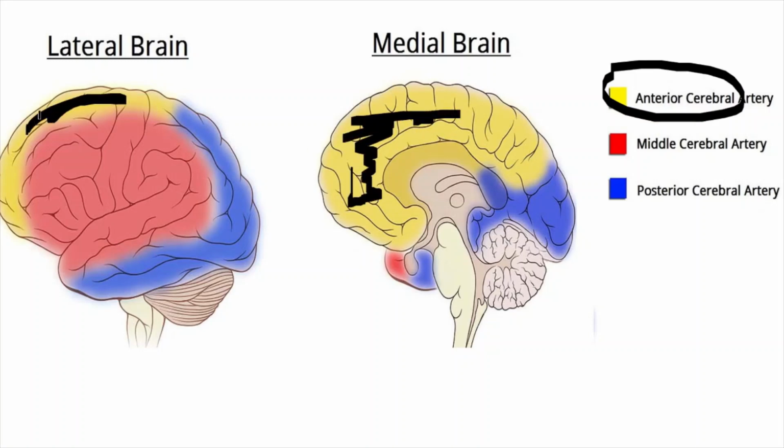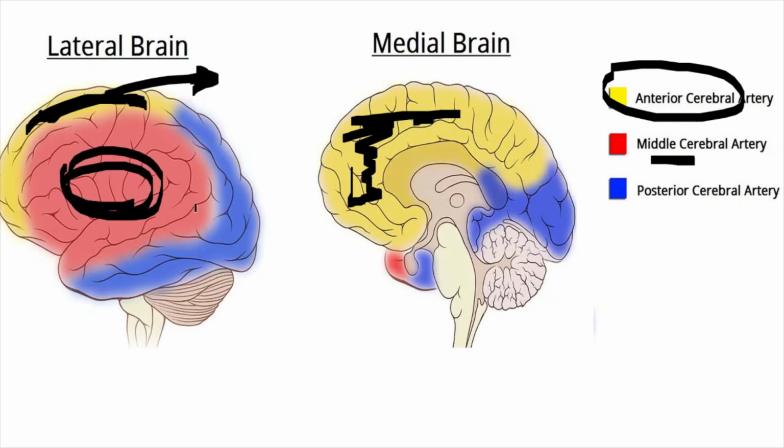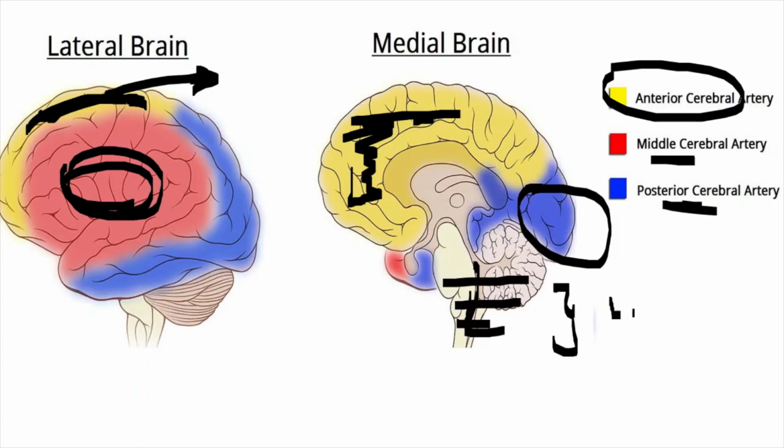As we show in the representational image, the manifestations will be similar to these locations. If the middle cerebral artery is involved, this is more of the lateral part of the brain. If the posterior cerebral artery is involved, more of the occipital lobe is involved. If the vertebrobasilar system is involved, more of the brainstem and cerebellar symptoms, where you have lateral medullary syndrome, medial pontine syndrome. So this structure is very, very important.